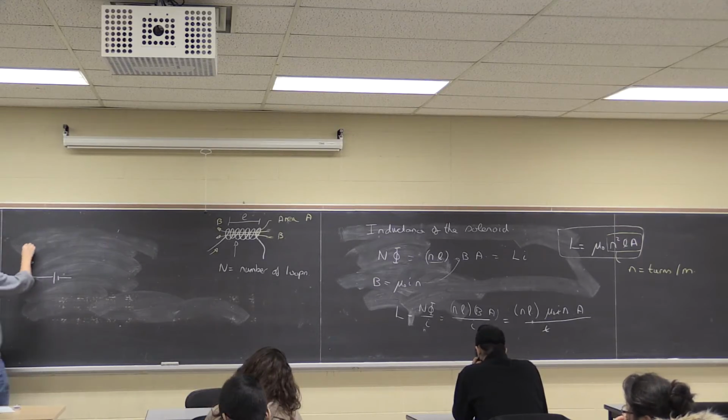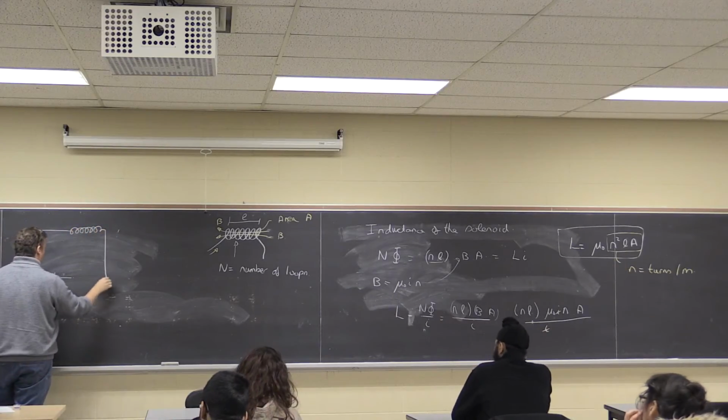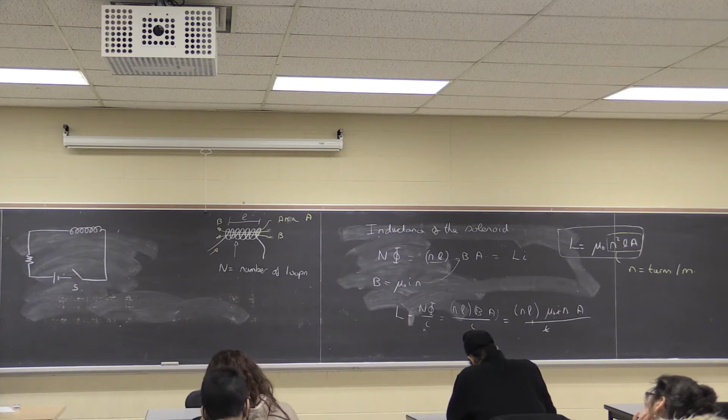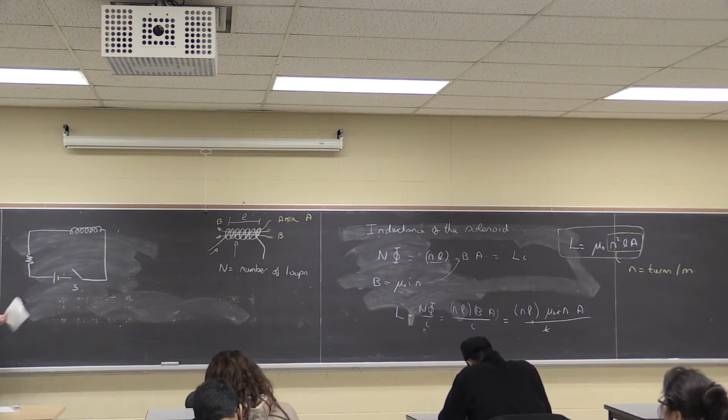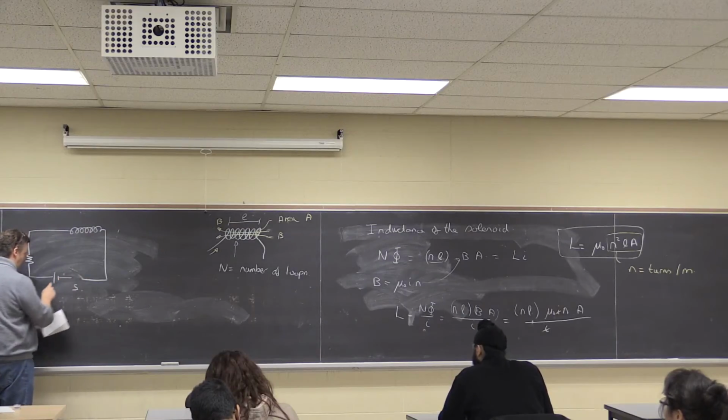And then this comes round, and I'm going to have my solenoid. And I connect them together, and I've got a switch. Okay, if I close the switch, what happens?